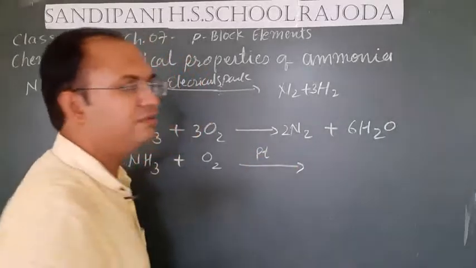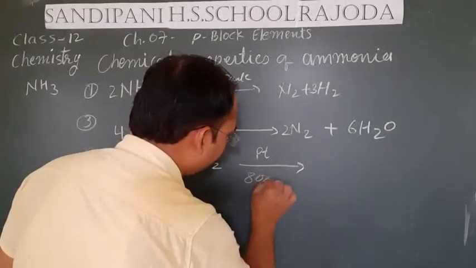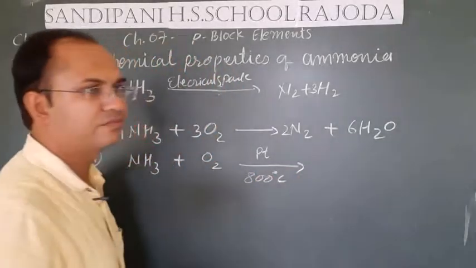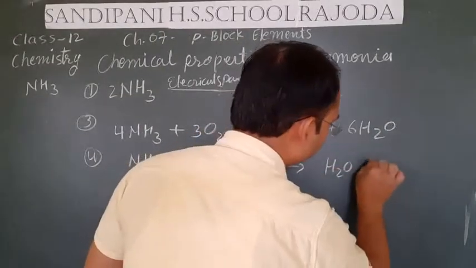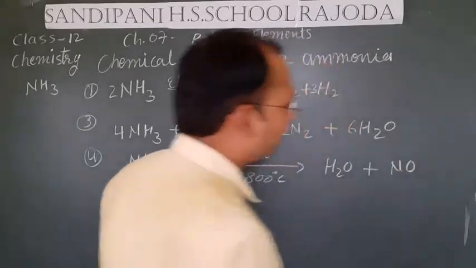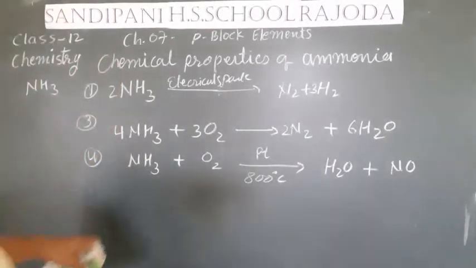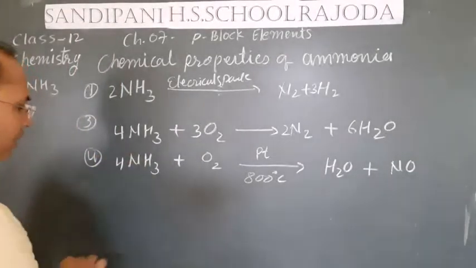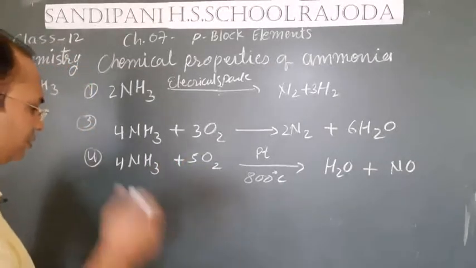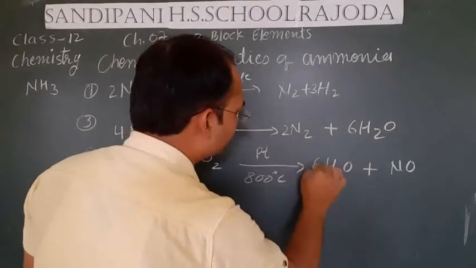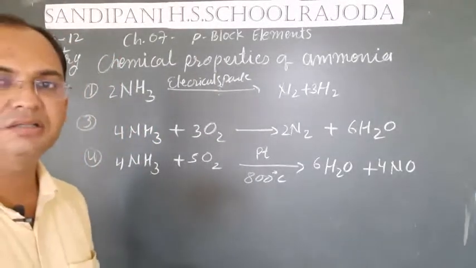Here, the platinum acts as catalyst and the temperature is near about 800 degrees Celsius. Then water, H2O, plus nitric oxide, that is NO, are formed. Let's balance this reaction. 4 NH3, 5 O2, then 6 molecules of water and 4 molecules of nitric oxide are produced.